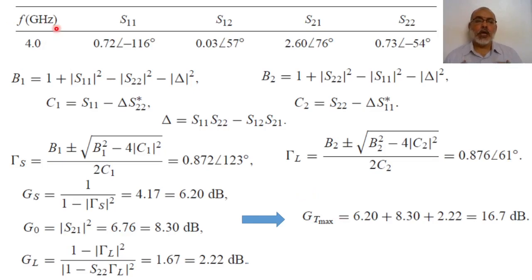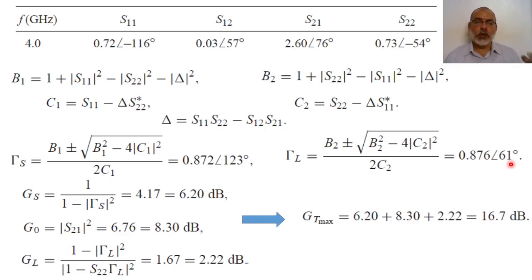The question now is how to design gamma source equal 0.872 with an angle 123 degrees, and how to design gamma load as 0.8786 with an angle 61 degrees. To do this, we need a matching network.